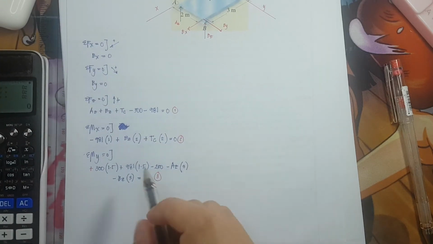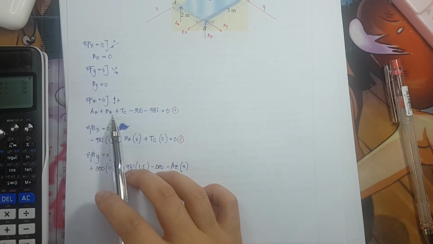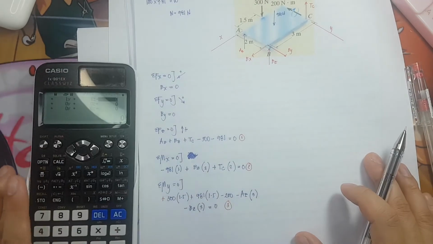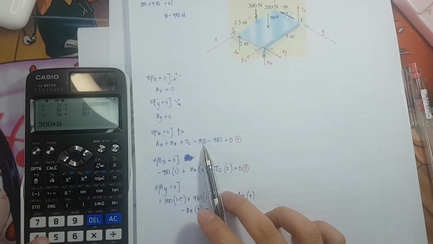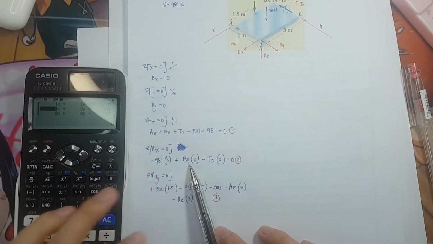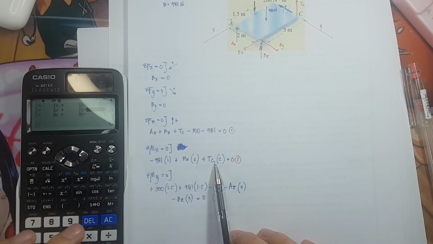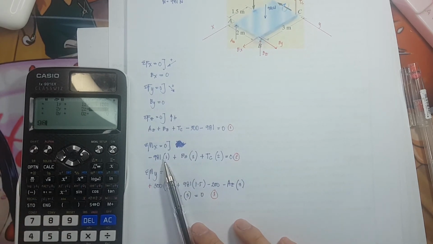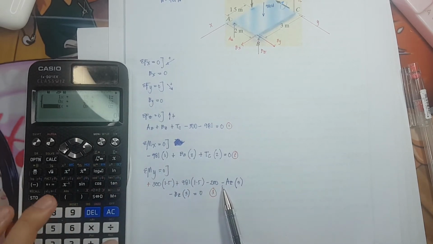So first equation, we have 1, 1, 1 is equivalent to 300 plus 981. Then second equation, we do not have A, so that is 0. B is 2, C is 2. Then negative, transpose that to the other side, it will become positive, 981. Then we have here AZ, negative 3.